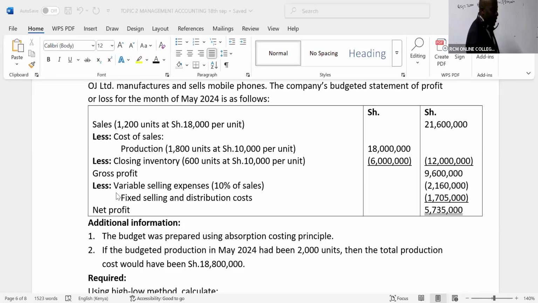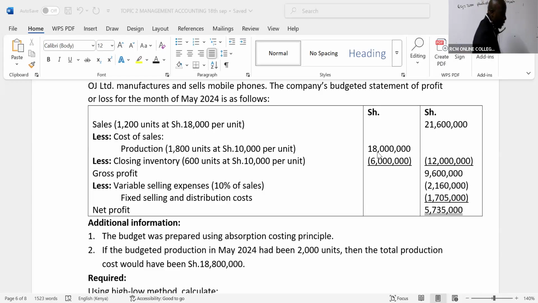So if you look at this question, there is a place where they tell you production, cost of sales. Are you able to see production? How many units? What is the production cost there? 18 million. Because production cost is related to the number of units that you produced in the period. That was the trick there.